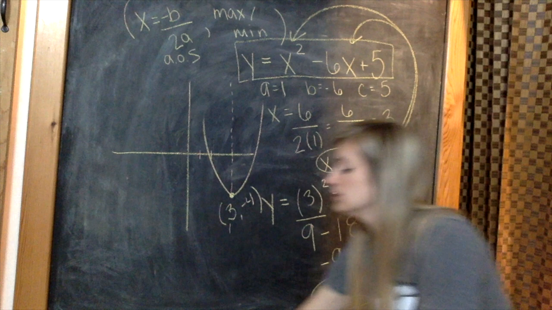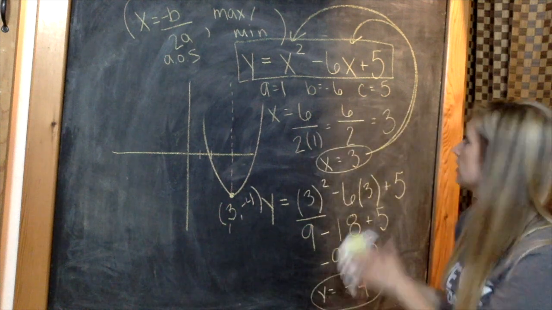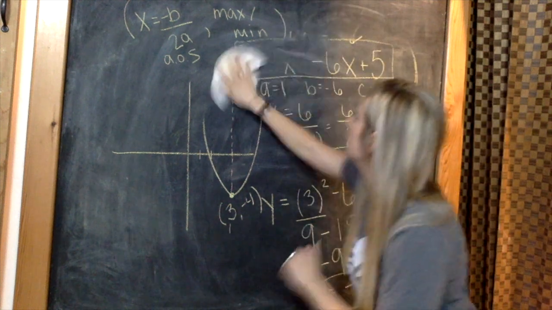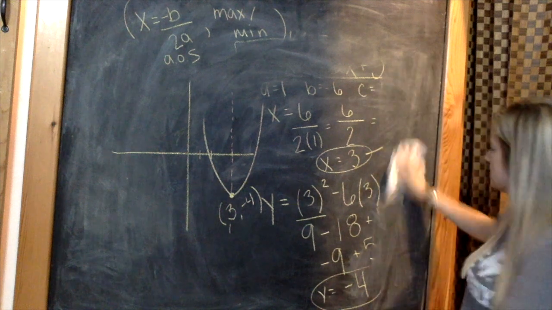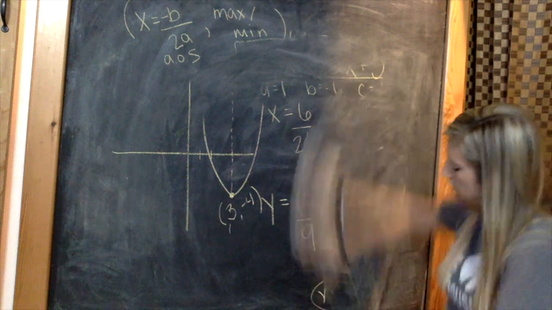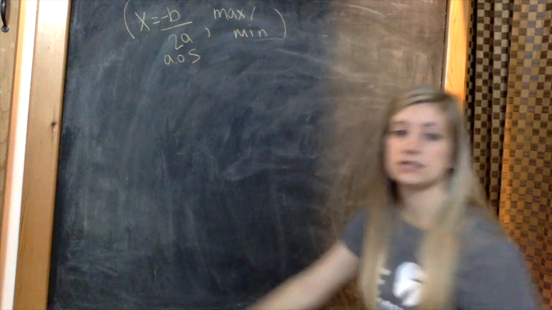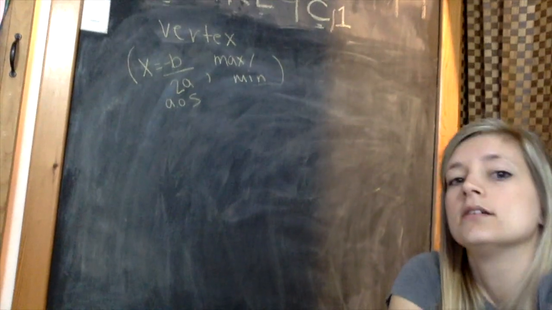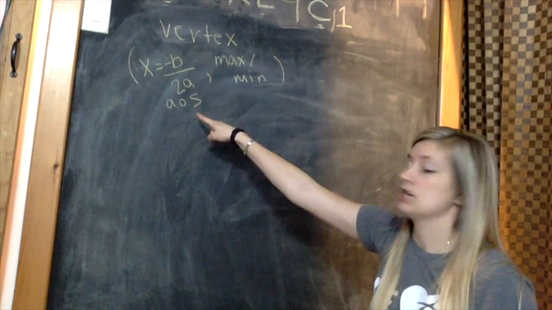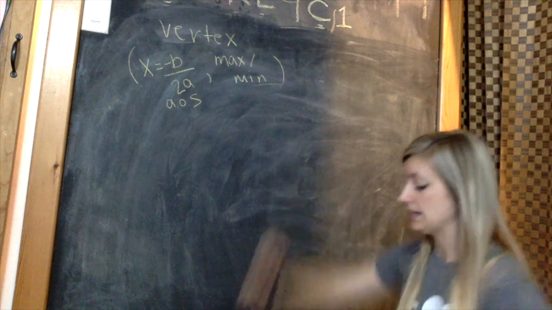Okay, so let's try another one. We'll go through 2 more, and then I think honestly you'll be good to go. So remember, your vertex is your axis of symmetry, comma, max or min.